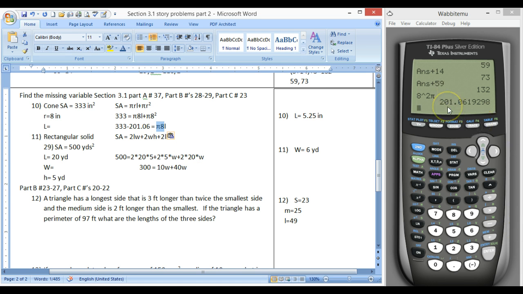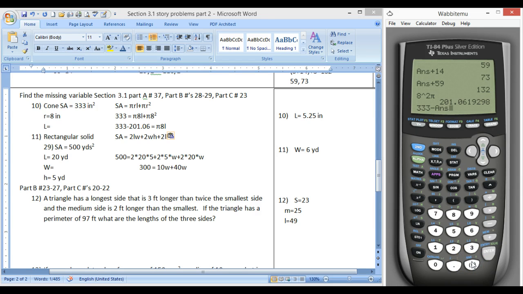Now I just need to continue solving for L by dividing both sides by pi 8. So over here I have 201. So I'm going to do 333 minus, now the one nice thing about this graphing calculator is I can press second down here, answer.